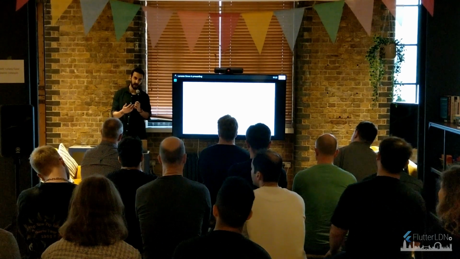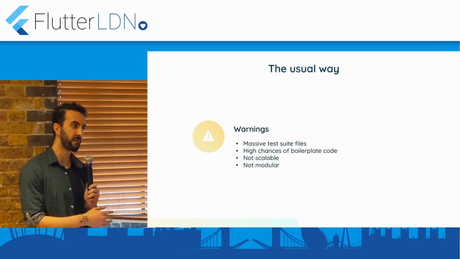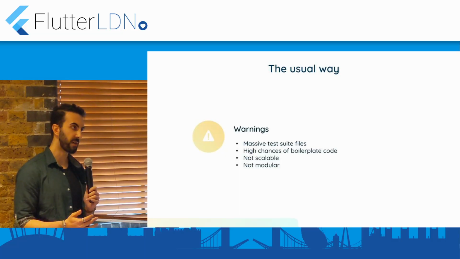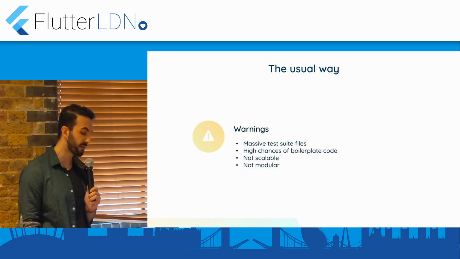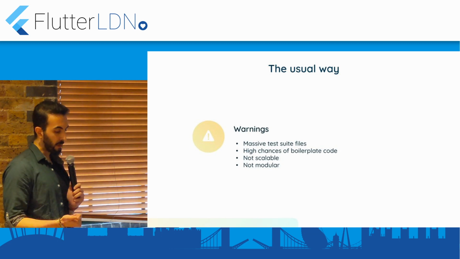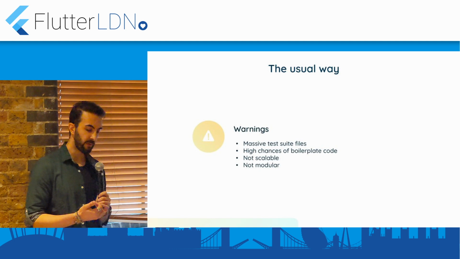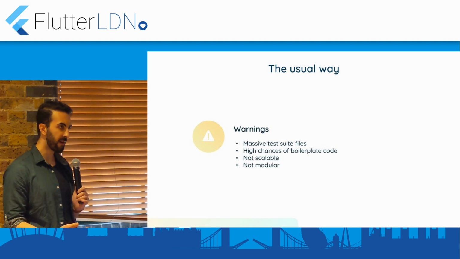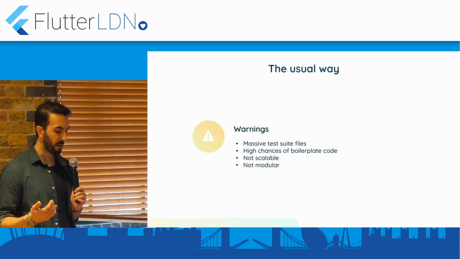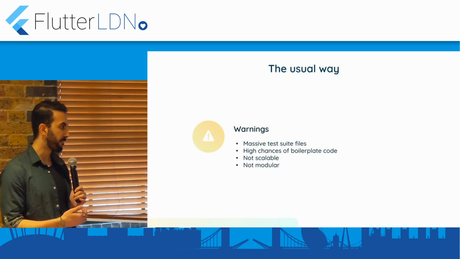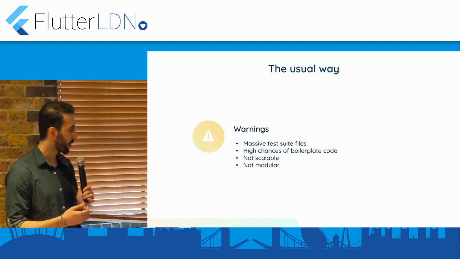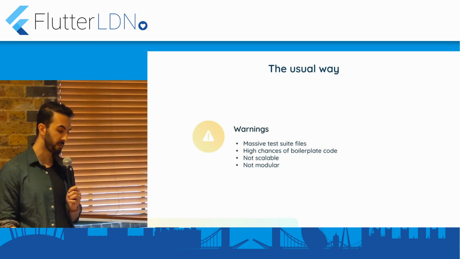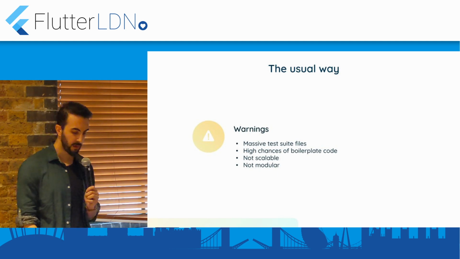Just imagine how many actions we would have to write to cover a whole user journey that we perform during the integration test. So we end up with high chances of having boilerplate code, and in general, this is not good for scalability and basically for having our app tested in a modular way.